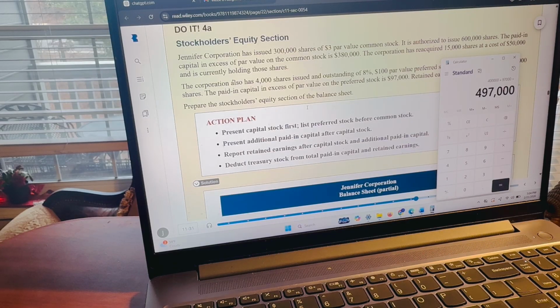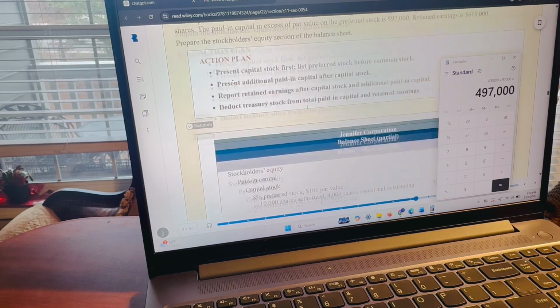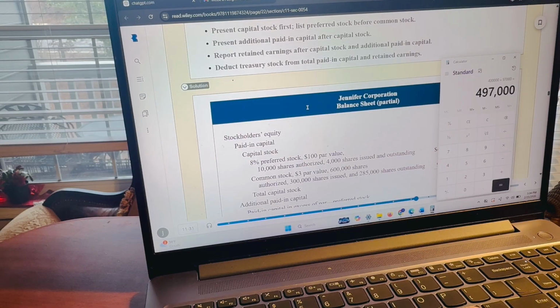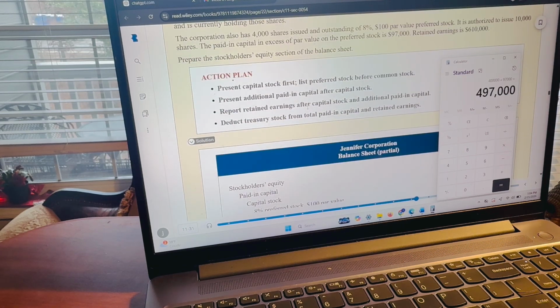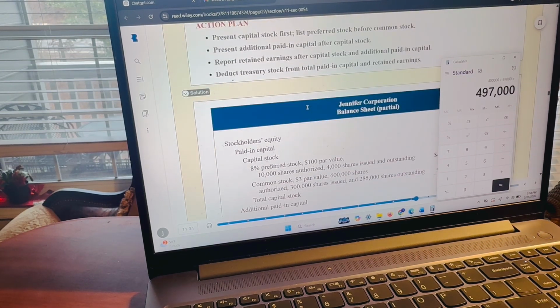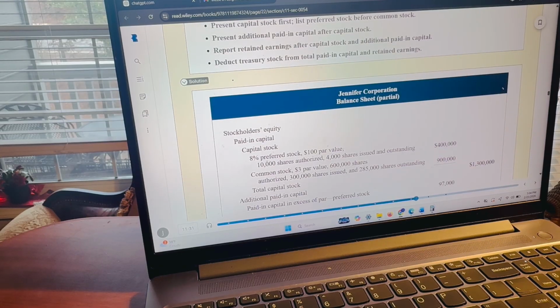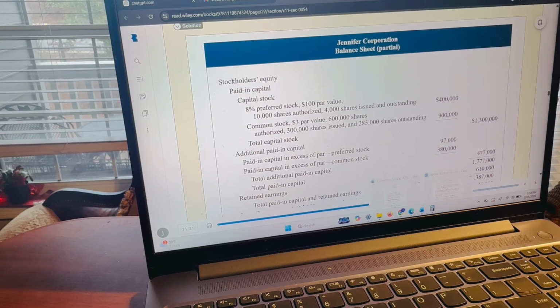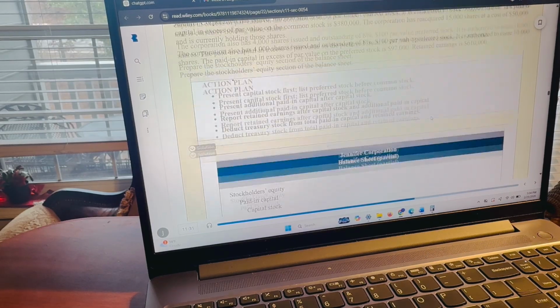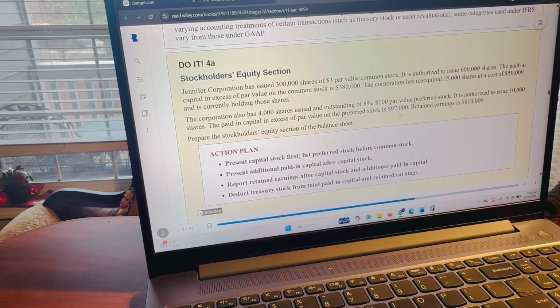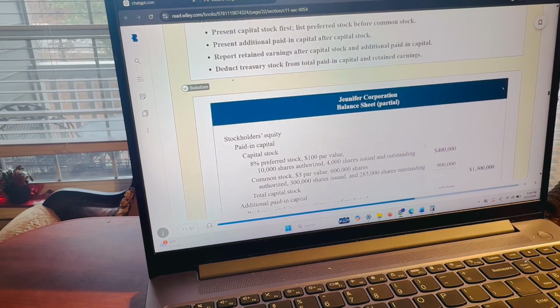Anyway, that gives us 497,000 for the total amount issued on the preferred stock, which we got from adding 97,000 to the 400,000 amount.